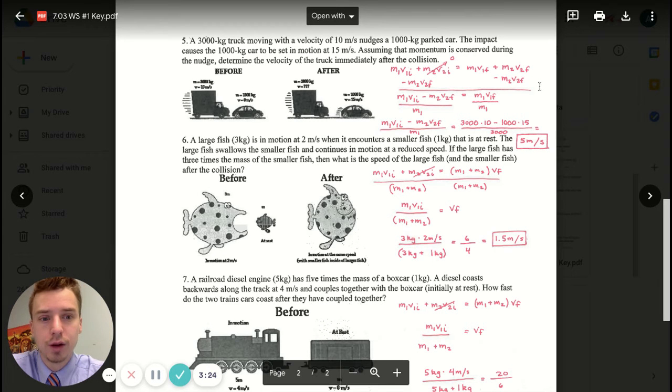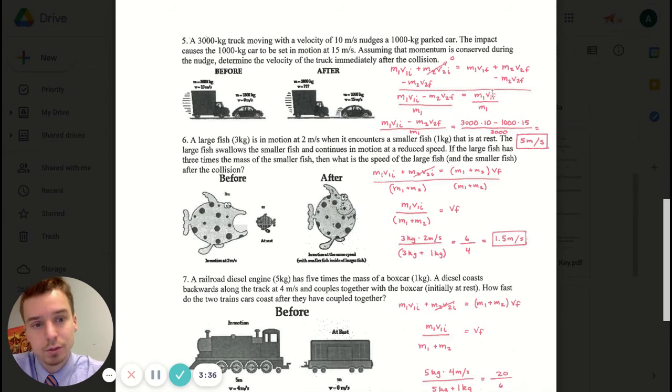So I need to subtract mass 2 times velocity 2 final from both sides. And then once I've done that, I'm going to divide the mass of object 1 from each side, and that gives me velocity 1 final by itself. And then I plug all my numbers in.